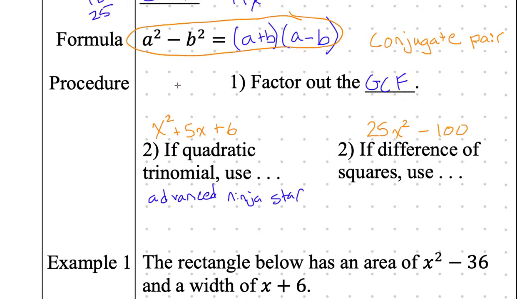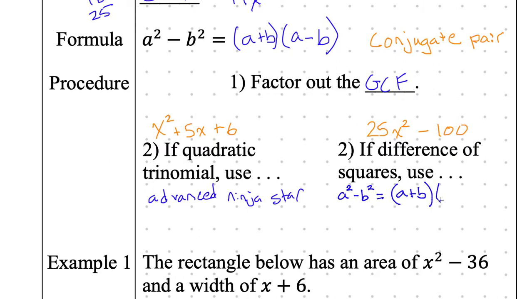Copy down the formula yet again. I'm using the fact that a squared minus b squared is equal to a plus b times the quantity of a minus b. We now have 2 paths. On Monday, when we come back here, I will be adding our 3rd out of the 4 possible paths that you have to choose from.